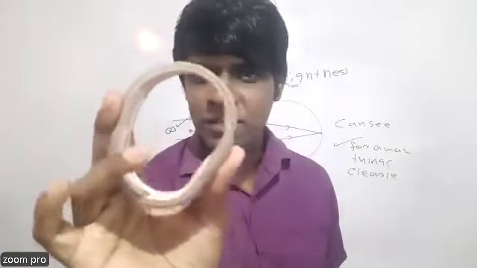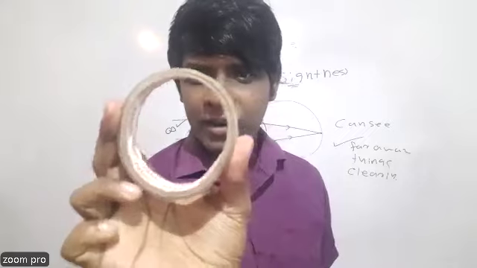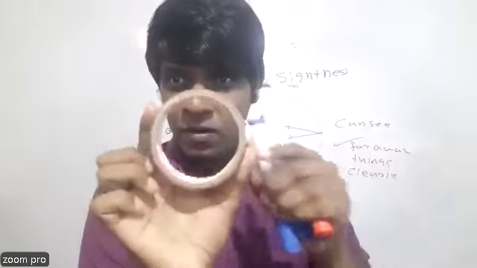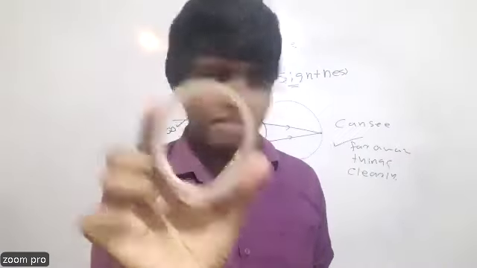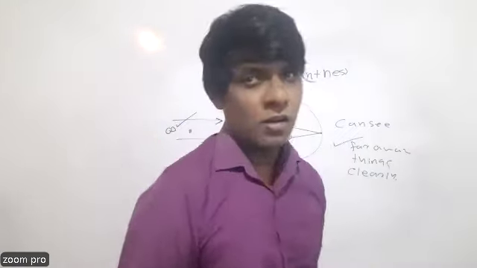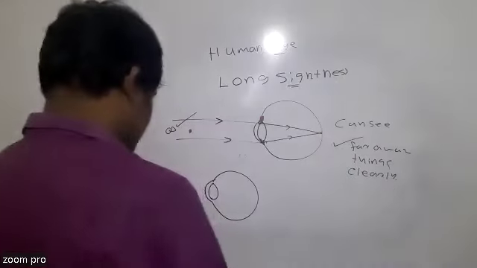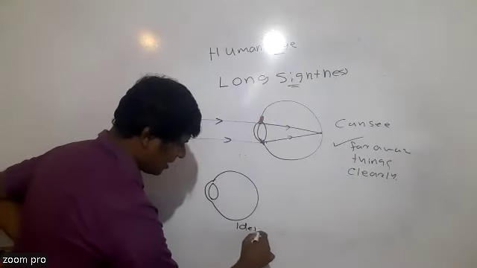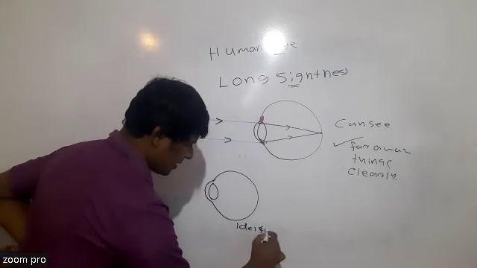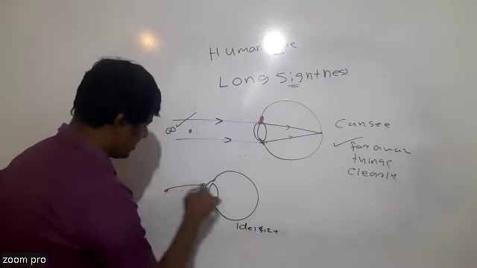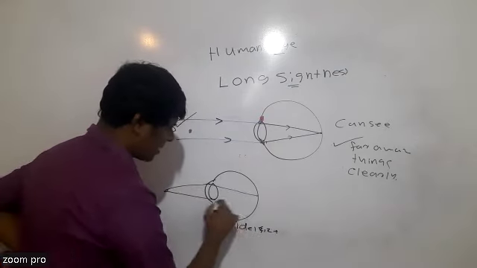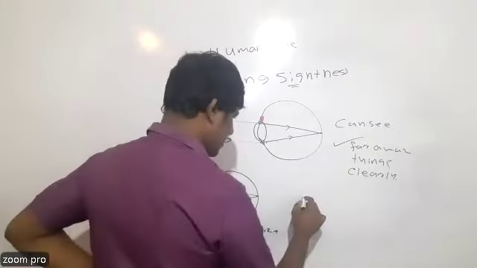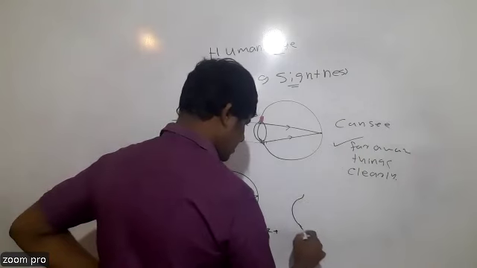If it gets squeezed like this, this is the ideal size of the diameter we expect to have. But if it gets shorter, it is not going to work well. If it is the ideal size, it will focus. Yes, it will focus.